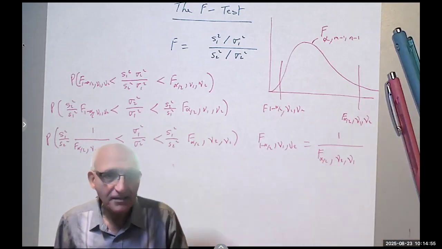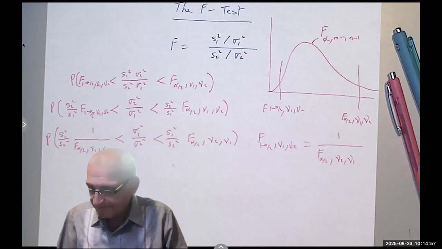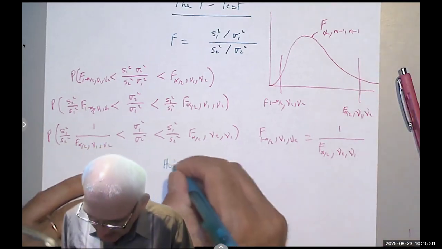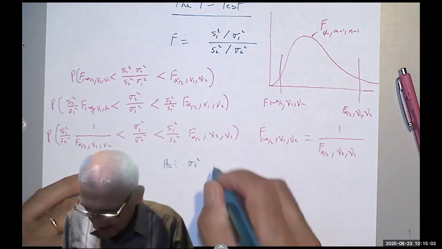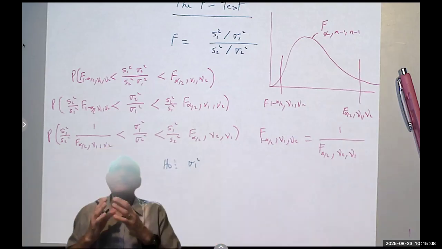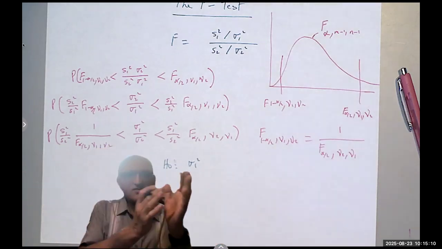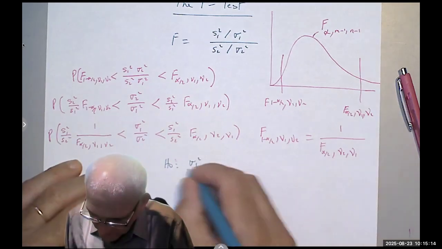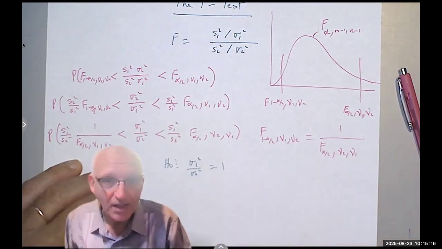If I'm testing, I usually say the null hypothesis is that sigma 1 square equals sigma 2 square. I prefer to write all the parameters on the left and the constants on the right, so I would say sigma 1 square over sigma 2 square equals 1.